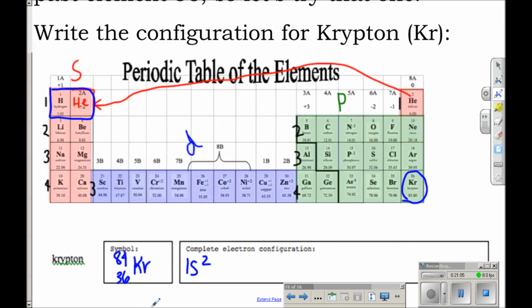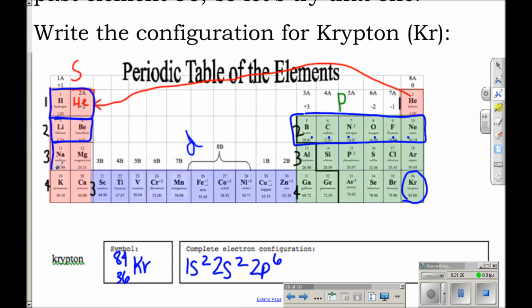1s, and there's 2 elements. 2s, and there's 2 elements. Go over here. 2p, 1, 2, 3, 4, 5, 6 elements.